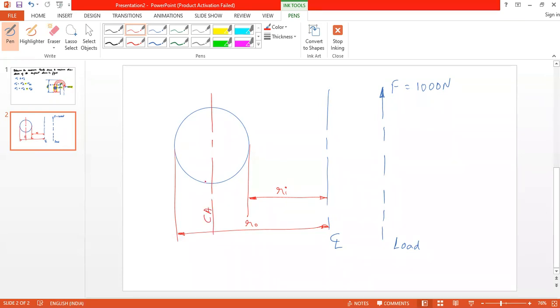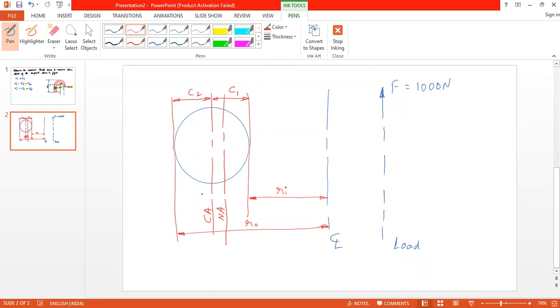So this is the centroidal axis, and the neutral axis will be somewhere here. The distance between the centroidal axis and the inner surface is known as C1, whereas the distance between the centroidal axis and the outer surface is known as C2.